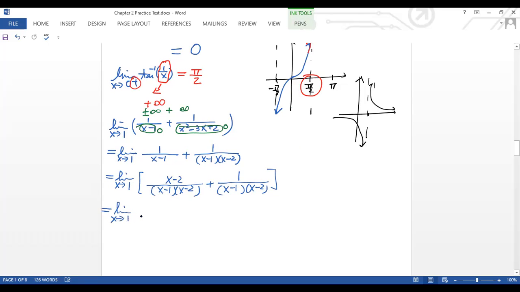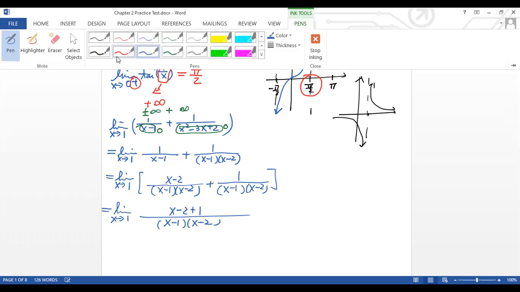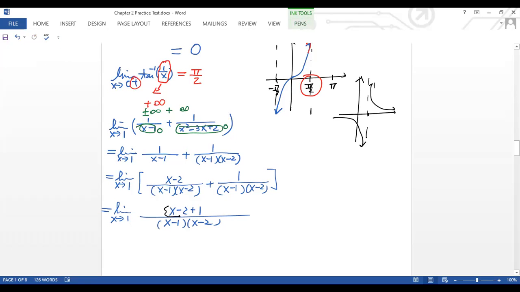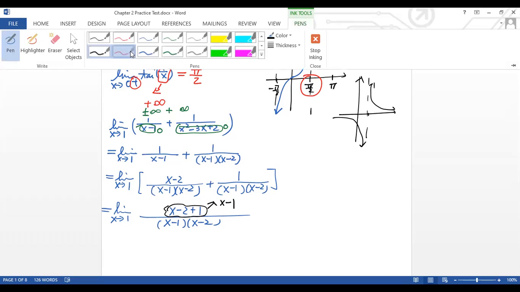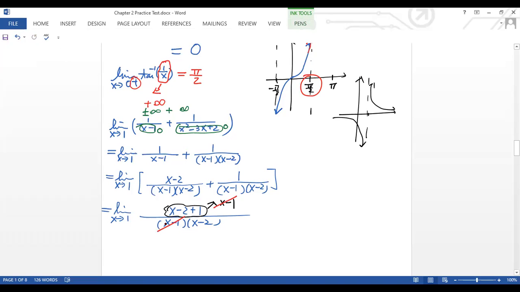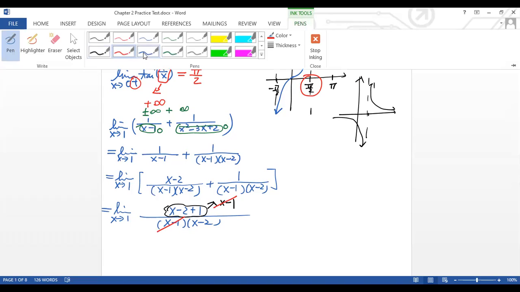And let's see if anything good happens. So this is x minus 1, x minus 2 in the denominator. The numerator is x minus 2 plus 1. Oh boy, that's pretty good. So x minus 2 plus 1, what does this term become? x minus 1. Oh, wow, that's good. x minus 1, I cancel out my trouble terms here.